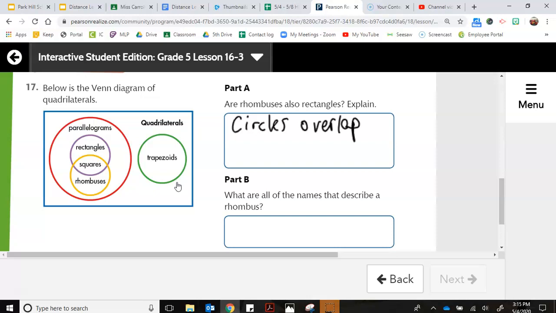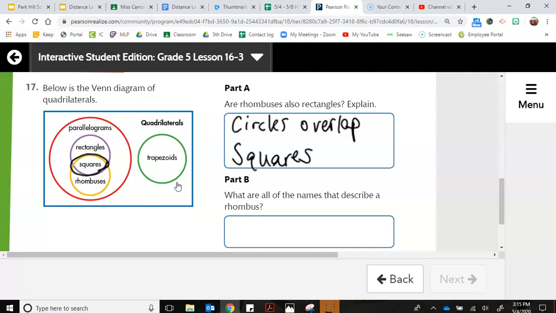Okay, so their circles overlap, but they are not always. So they overlap when they're squares, all right? So rhombuses are rectangles when the rhombus is a square. Some rhombuses are rectangles, not all rhombuses are rectangles.